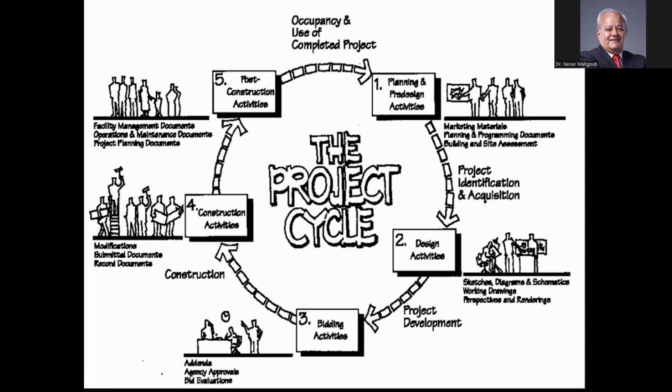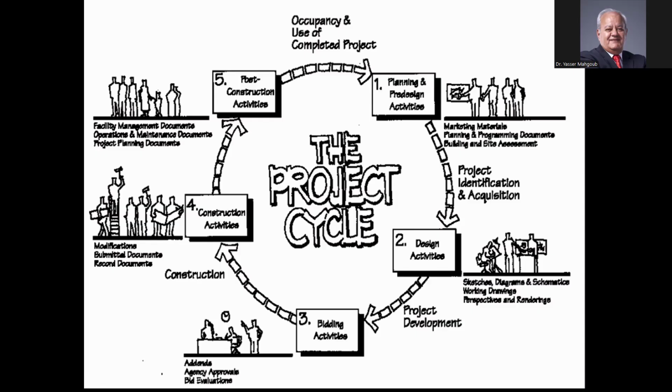So you need to work on the development of the six parts of the construction documents: the drawings, the specs, the bills of quantities, the general conditions, any special conditions, and the addendum for the project.